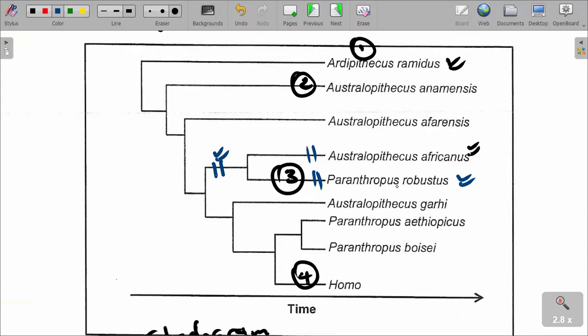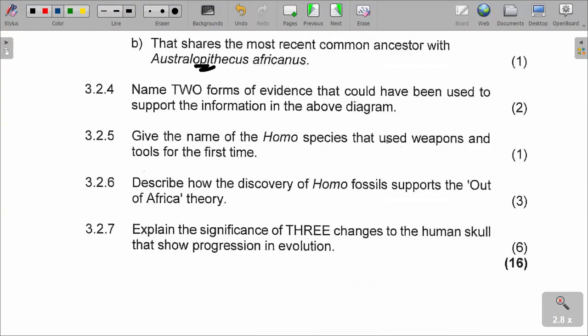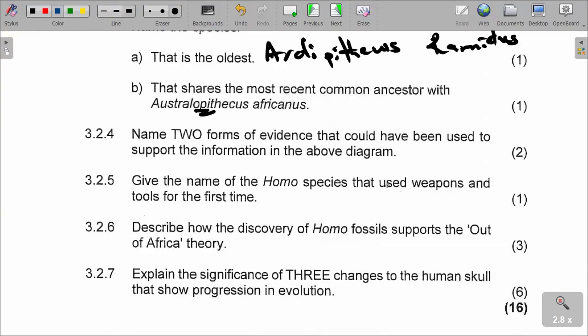So it's Paranthropus robustus. Paranthropus robustus is what is given in this case. And then name two forms of evidence that could have been used to support the information in the above diagram.